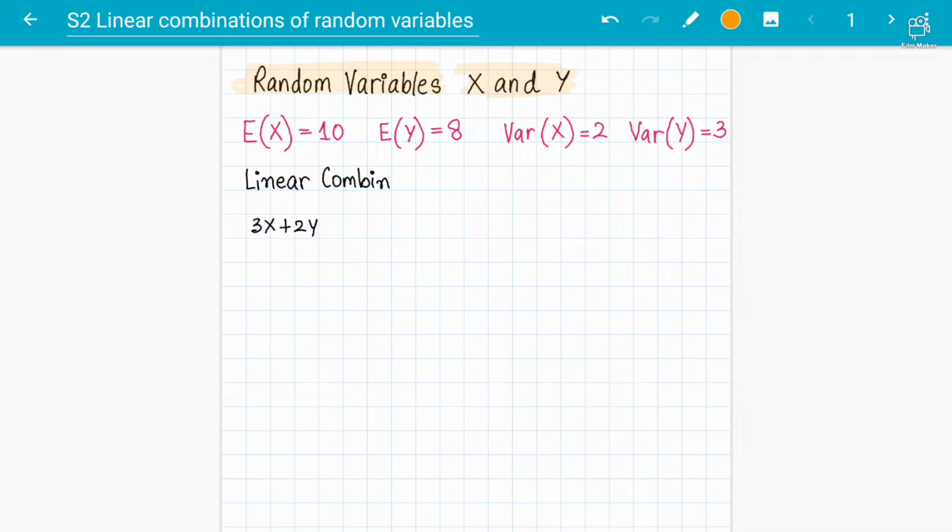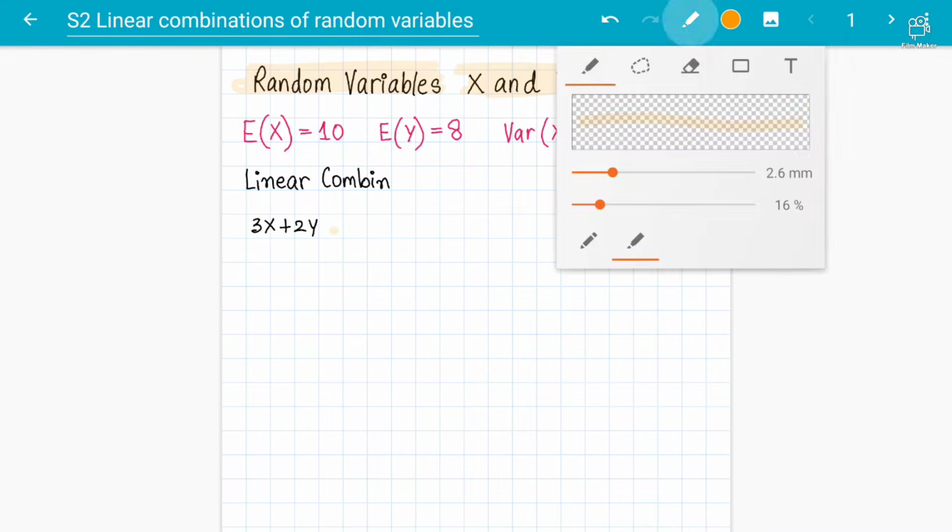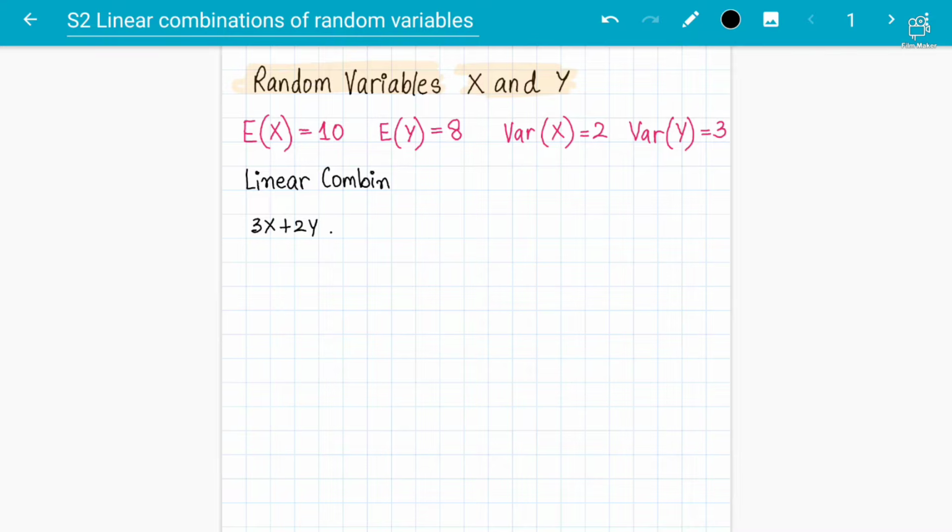You can see linear combinations of random variables indicate that x and y are the random variables and you are making a combination from them, that is 3x + 2y, or you can say 5x - 4y. Okay, 5x - 4y, you can say (1/2)x + (3/4)y.